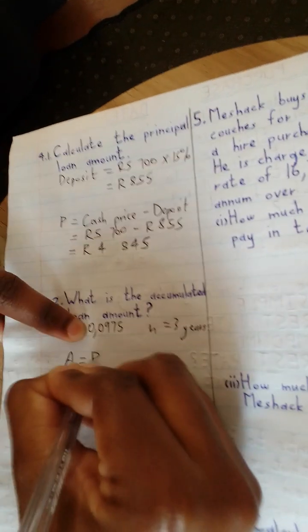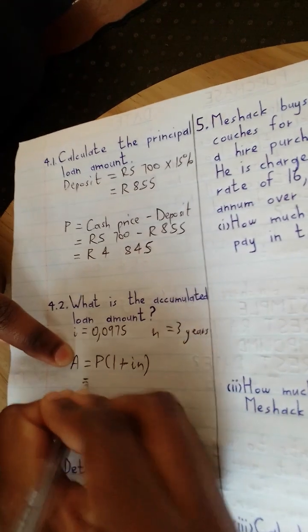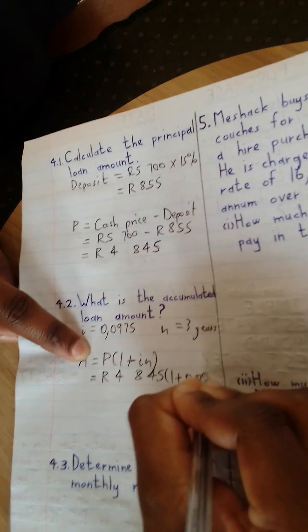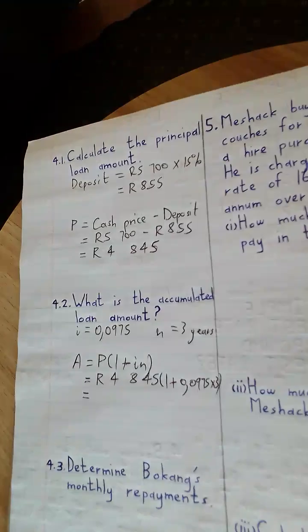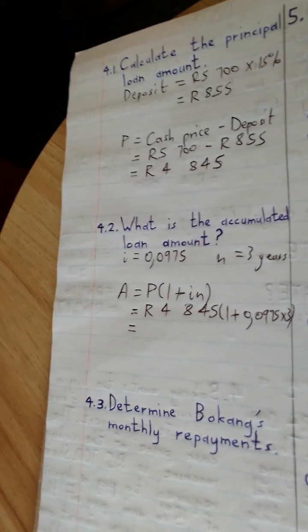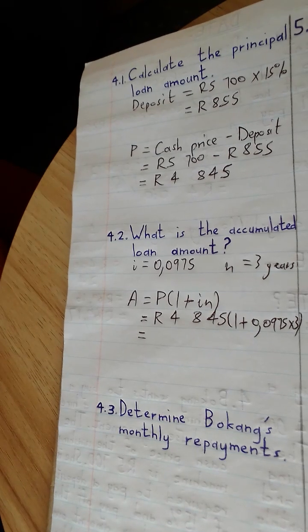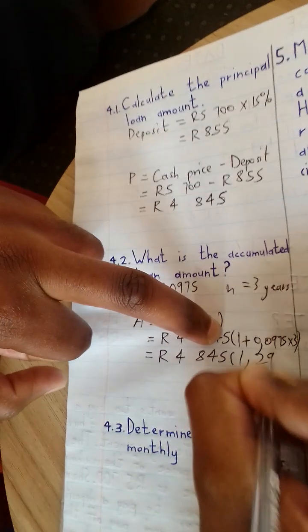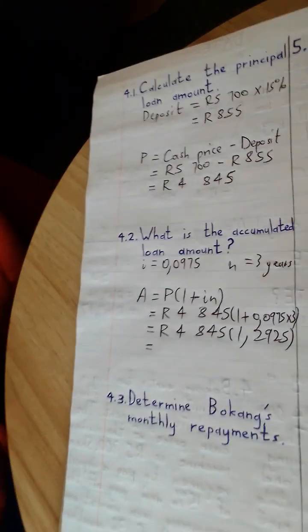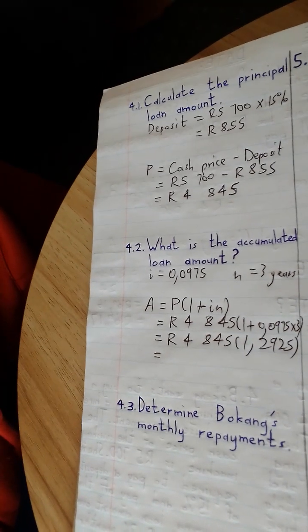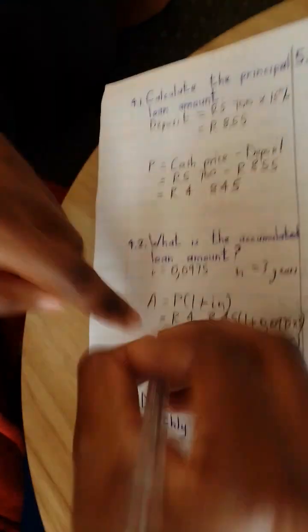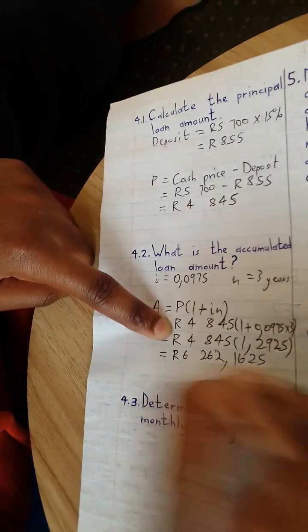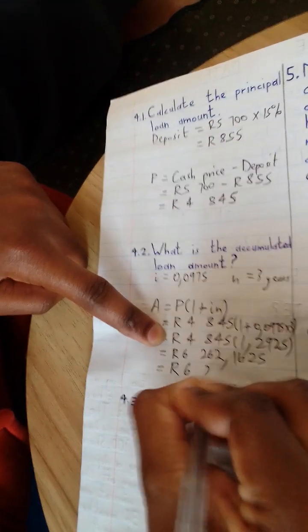So 1.2925. I'm getting 6,262.1625. Remember, final answers to 2 decimal places. 6,262.